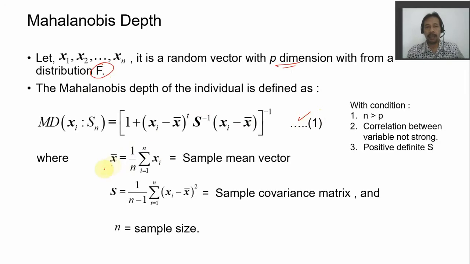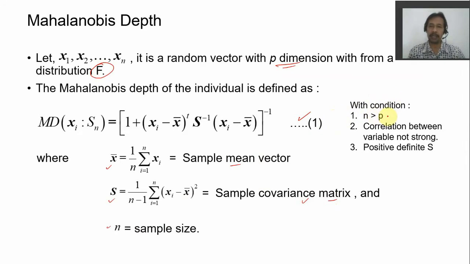Here x bar is the sample mean vector, S is the sample covariance matrix, and n is our sample size. The Mahalanobis depth has some conditions.